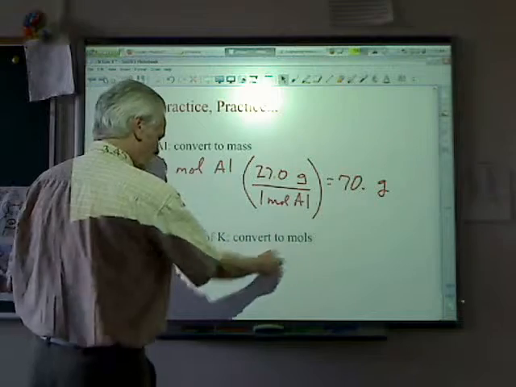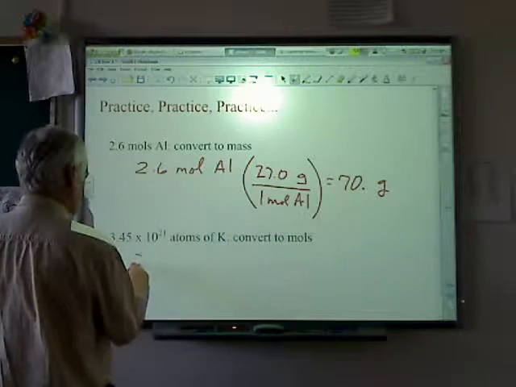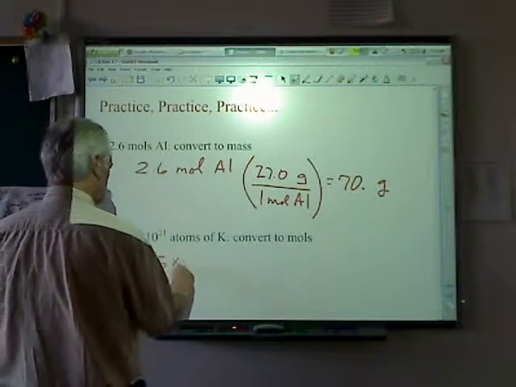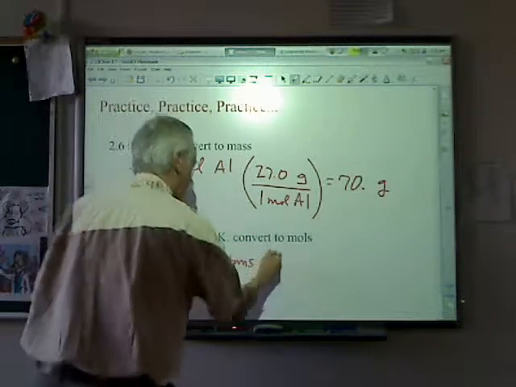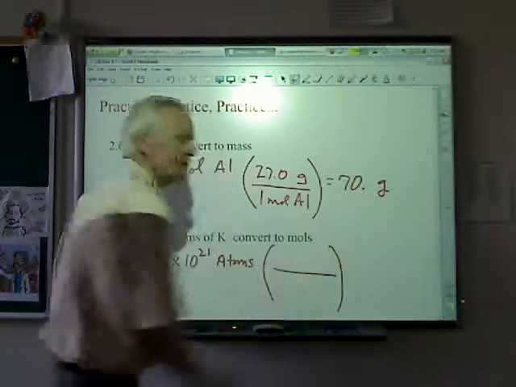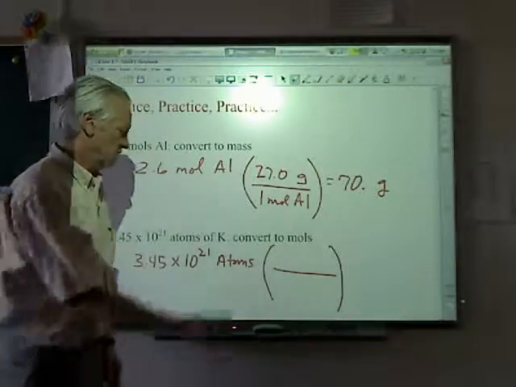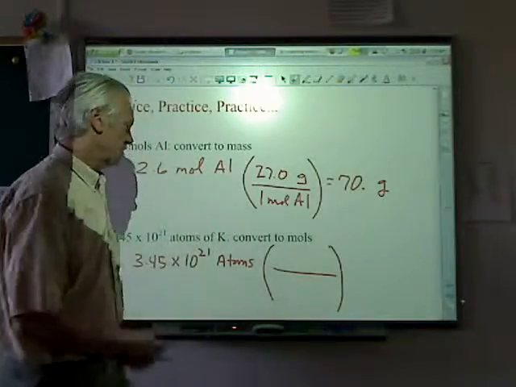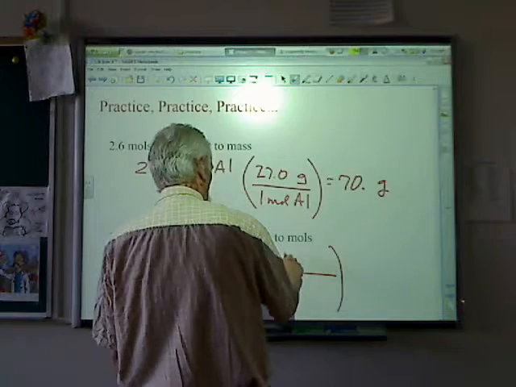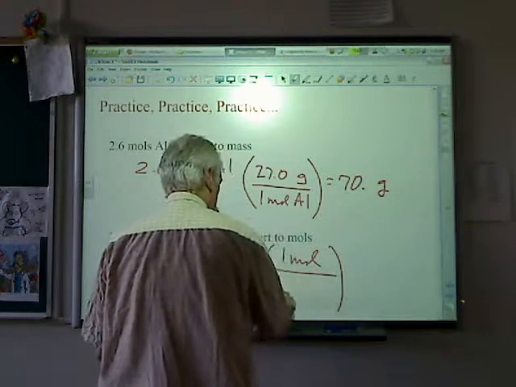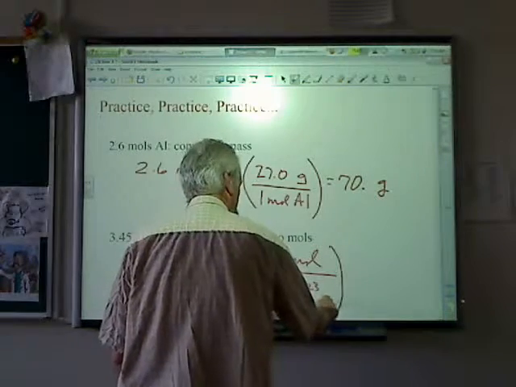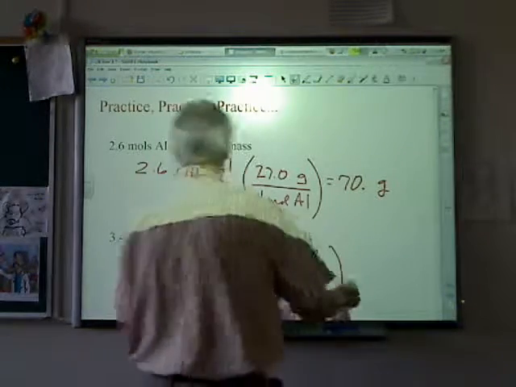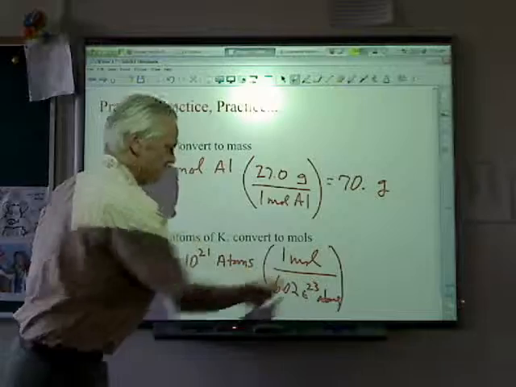We can go from atoms to moles by using Avogadro's number, 3.45 times 10 to the 21 atoms. Notice that 1 mole of any substance is the same number of particles, so it doesn't matter in this problem that we're talking about potassium. 1 mole, 6.02 times 10 to the 23rd atoms. Notice I'm using my shorthand E notation there.